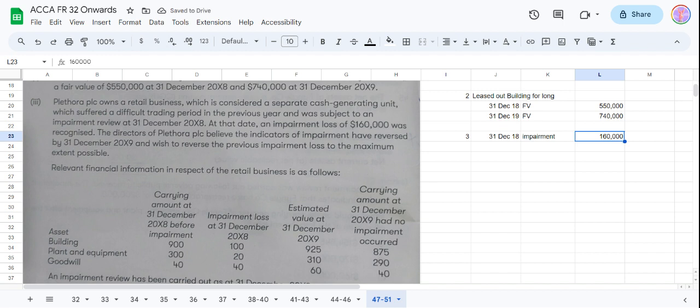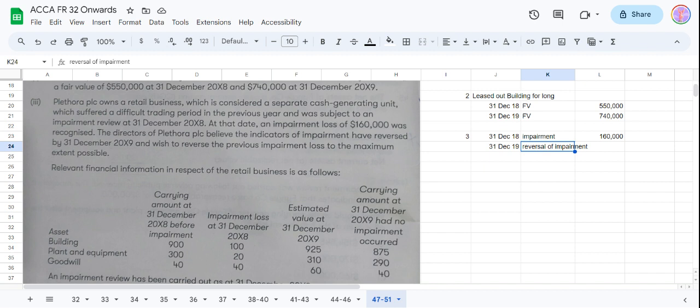The directors believe the indicators of impairment have reversed, and wish to reverse the previous impairment loss to the maximum extent possible.